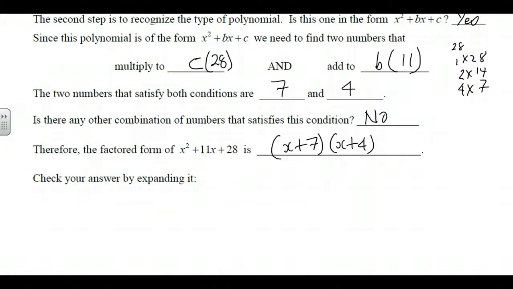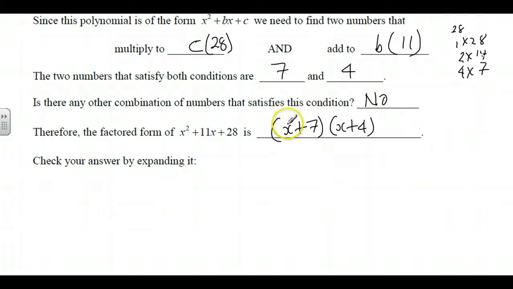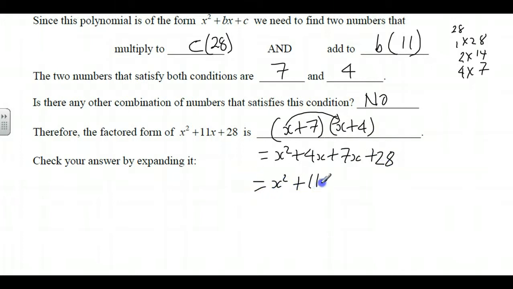Now here's the deal. Whenever we factor, we always expand. So we FOIL it. We're going to get four products. X squared plus 4x, inner plus 7x, last plus 28, which is x squared plus 11x plus 28.